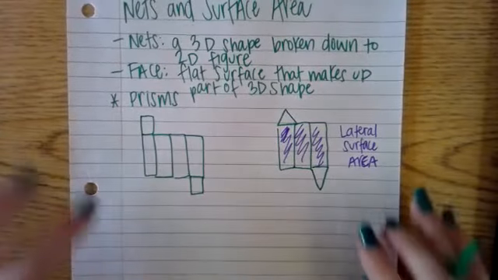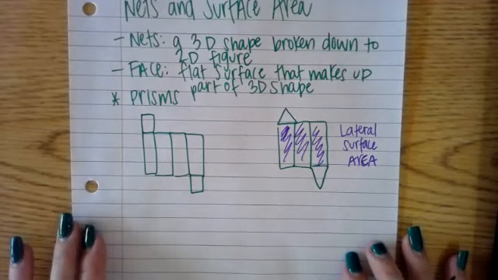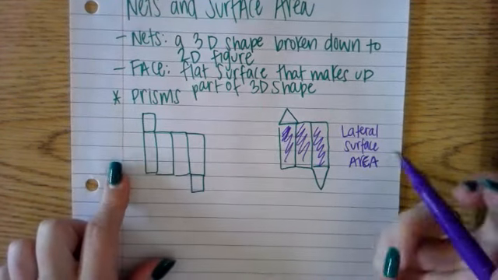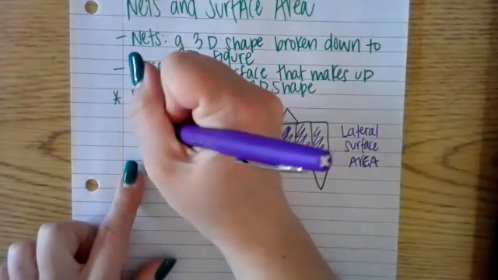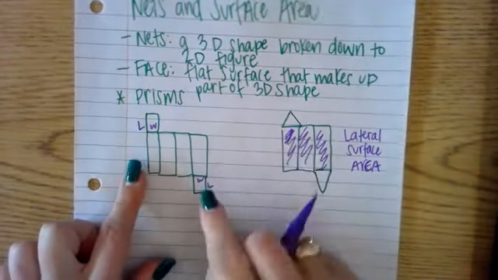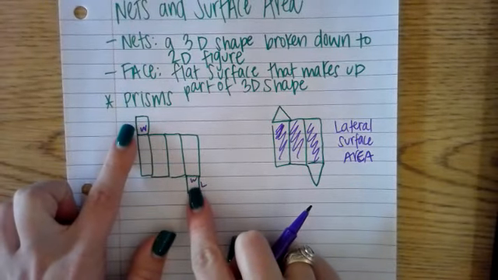This is what these two prisms look like if we broke them down into a two-dimensional figure. When you're finding the surface area, as I've mentioned before, all you're going to do is find the area of each of these different two-dimensional shapes. We have our length and our width for each of our bases, so to find the area of these bases, we would just do length times width.